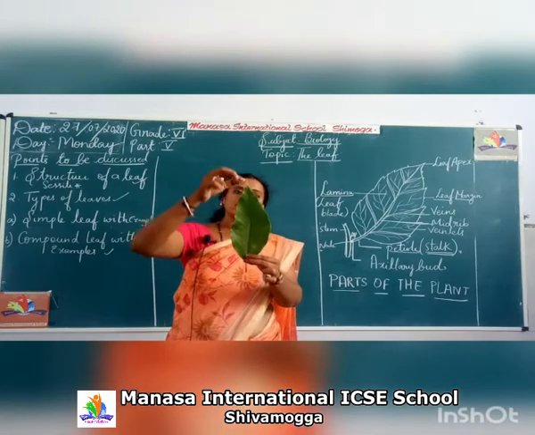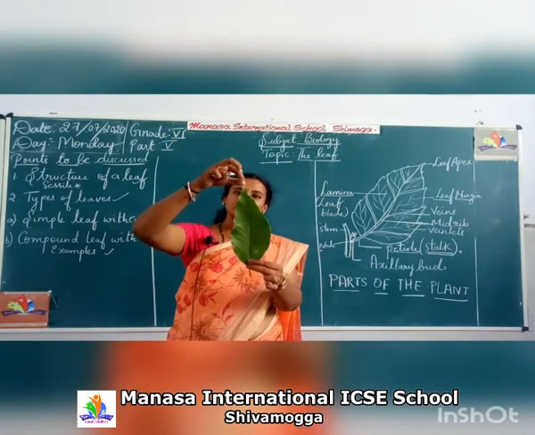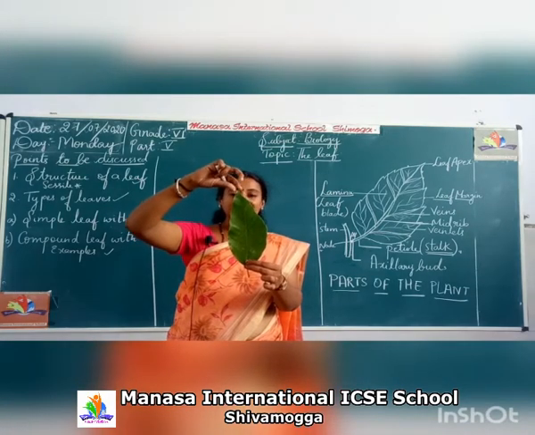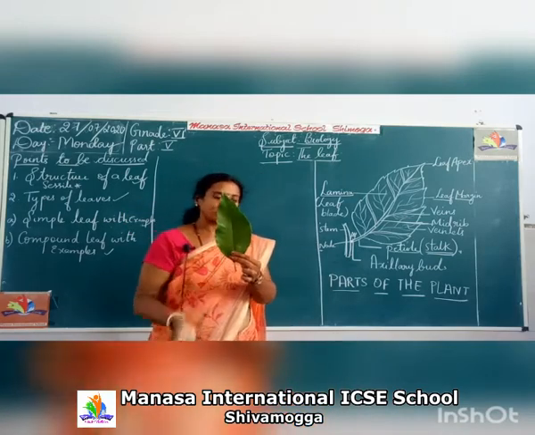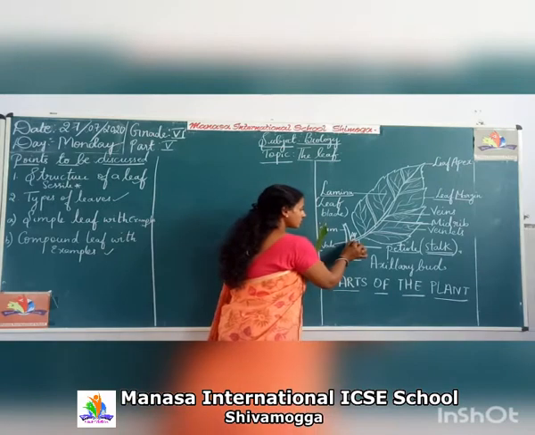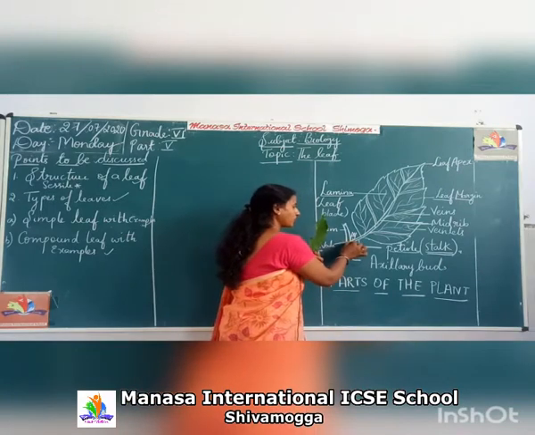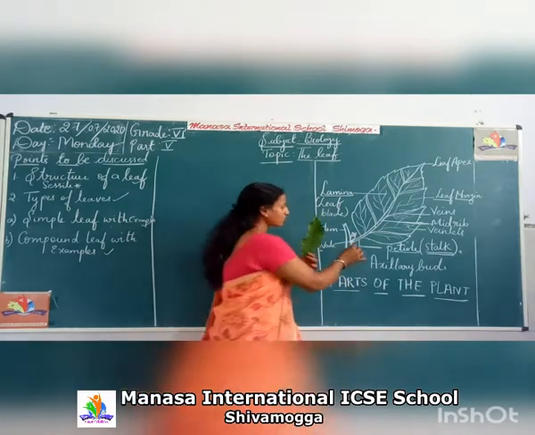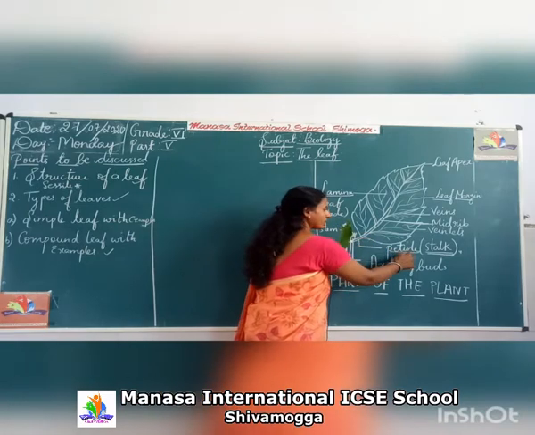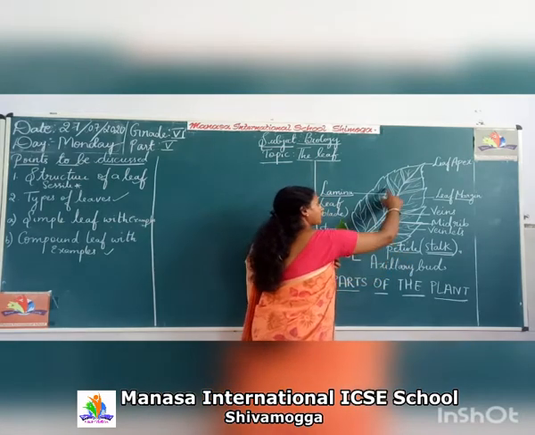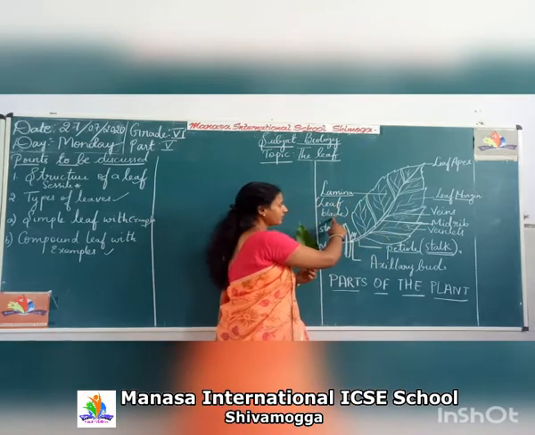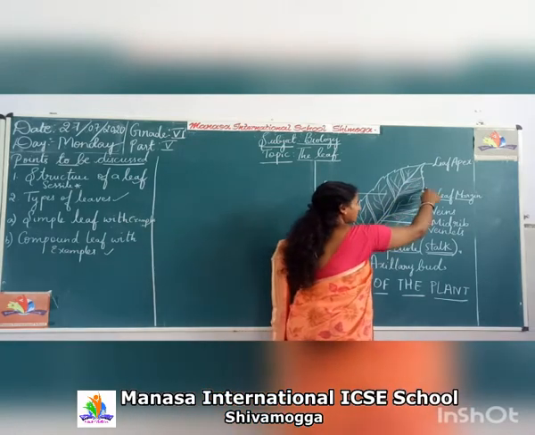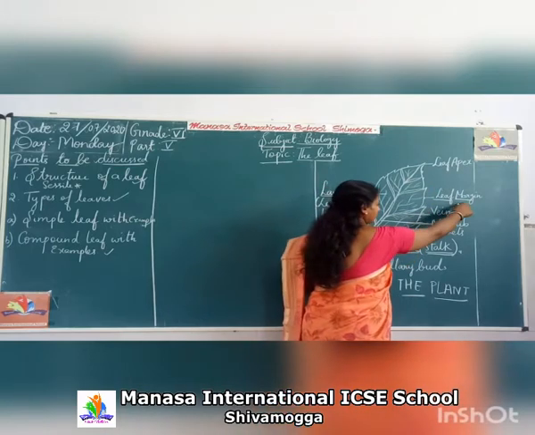So dear students, the tip part of the leaf is known as the apex, the leaf apex. So these are the different parts of the leaf. What we studied: first, the node through which the leaf arises, and the stalk of the leaf is known as the petiole, and the green colored part is known as the leaf lamina or leaf blade, and the margin of the leaf is known as the leaf margin.